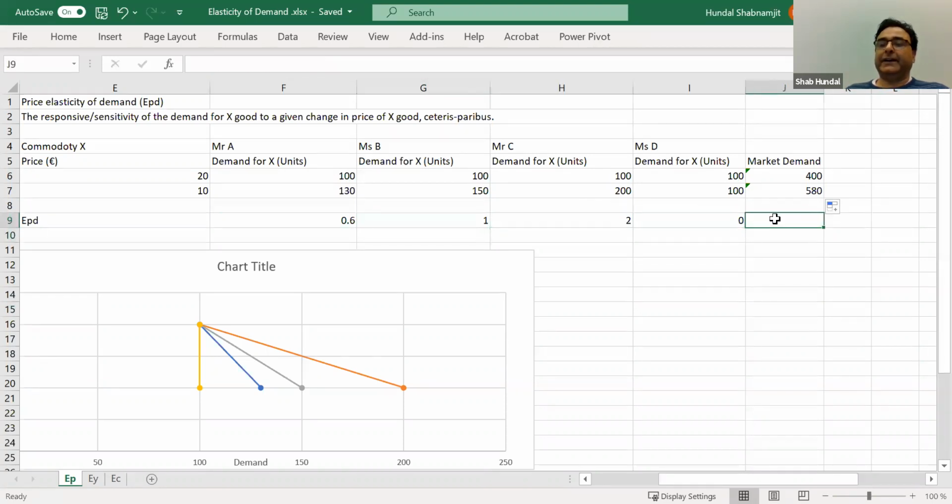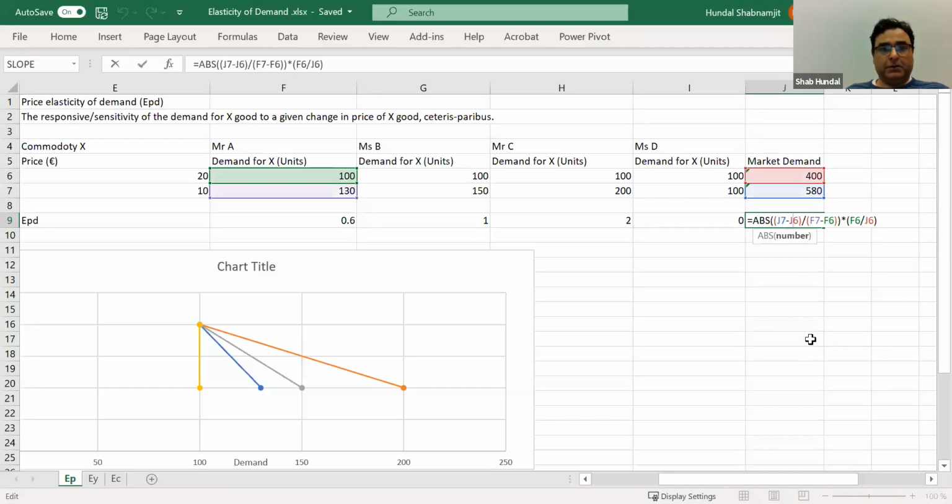So then I find that if I carry on this formula further, then the elasticity of demand is 1.5, but let me check if the formula is correct or not. So we have J7, J6, well, not F7, it should be E7 because E is our starting point.